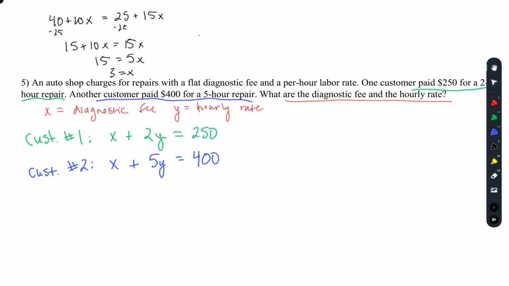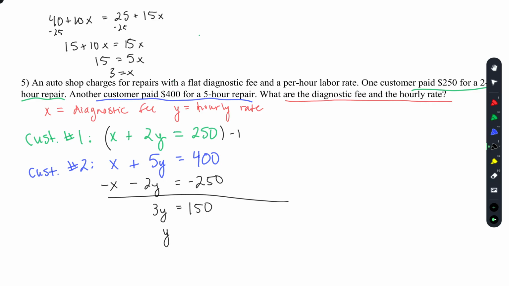To solve for that, as far as solving the system, I'd probably do elimination because that's my favorite. And then I just multiplied everything by -1 because then my x's are gone. So I'm left with 3y equals 150. So I get 50, hopefully, for my y. So what was Y again? Hourly rate. So I'm going to call $50 hourly rate.